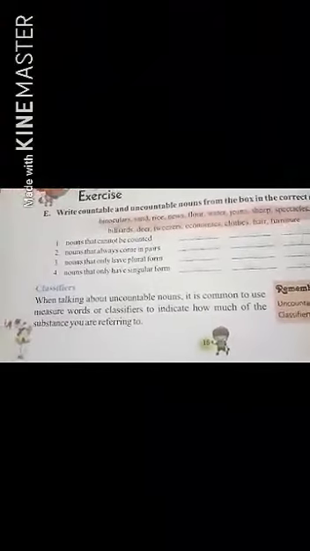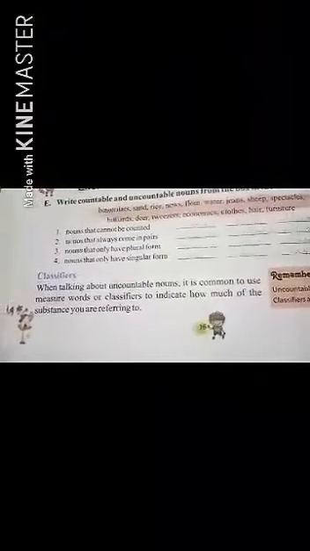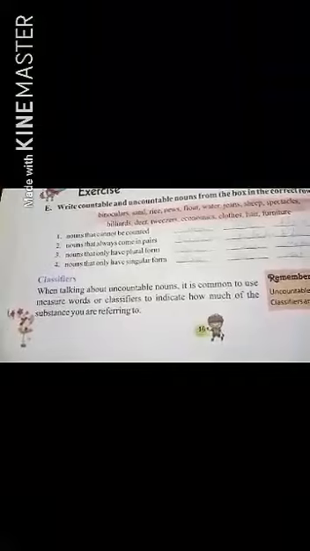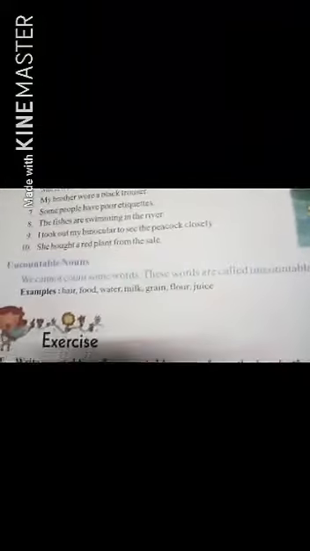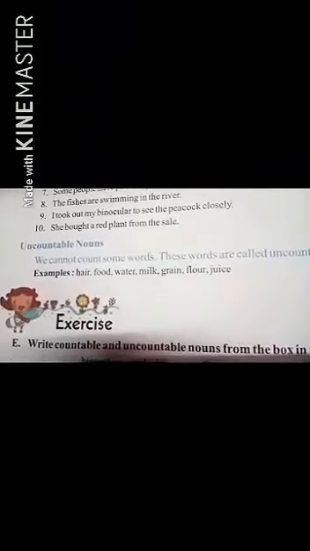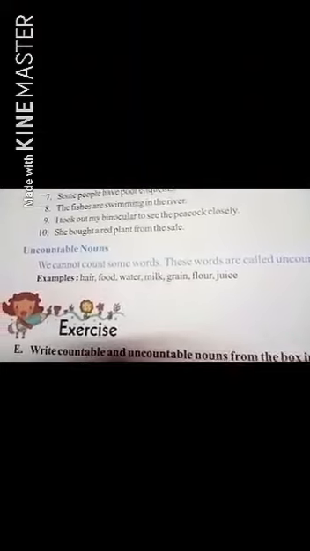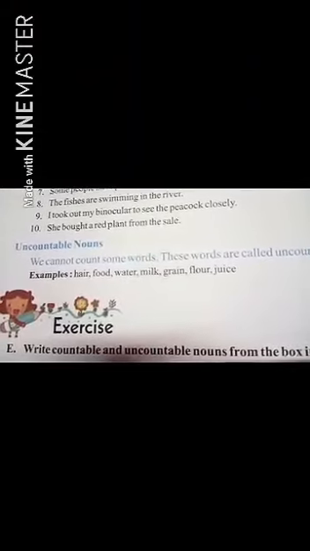When talking about uncountable nouns, it is common to use measure words or classifiers to indicate how much of the substance you are referring to. For example, we cannot measure water as 1 water, 2 water. As I have already told you, we can't measure like this.